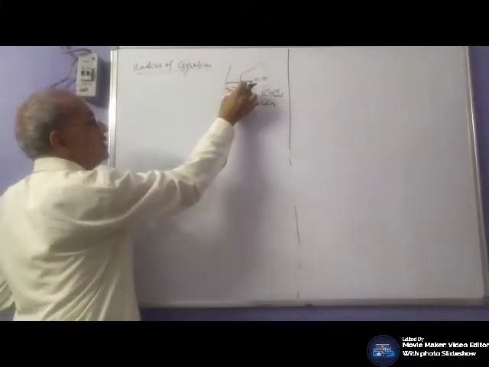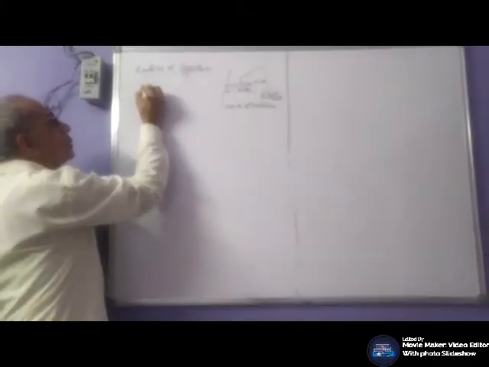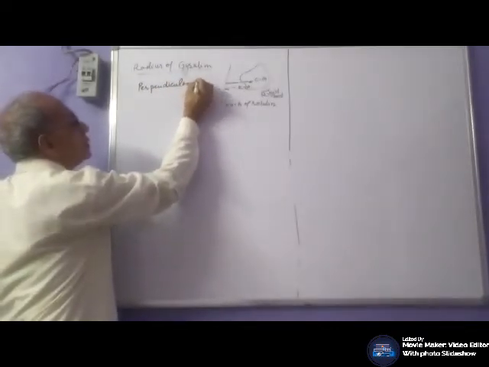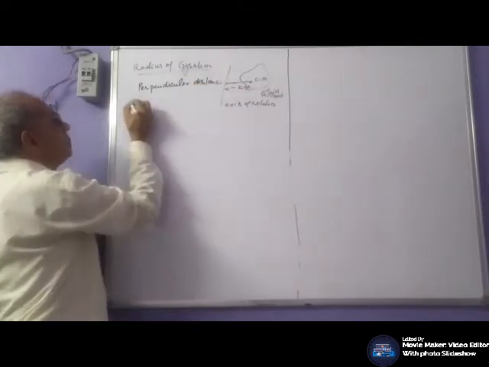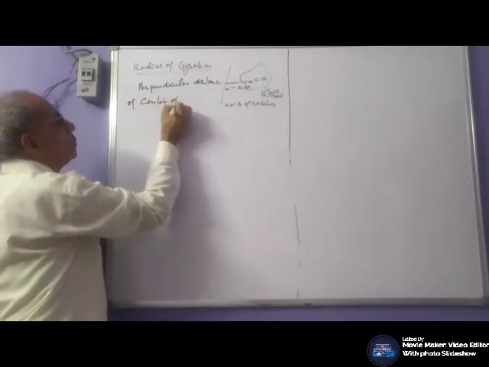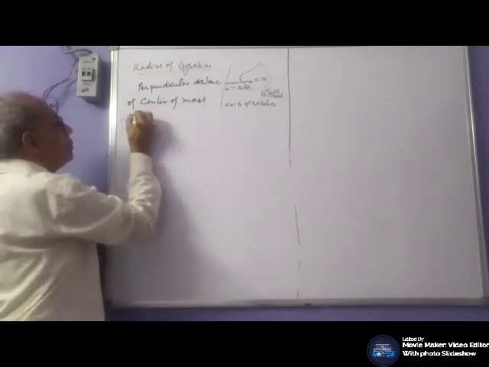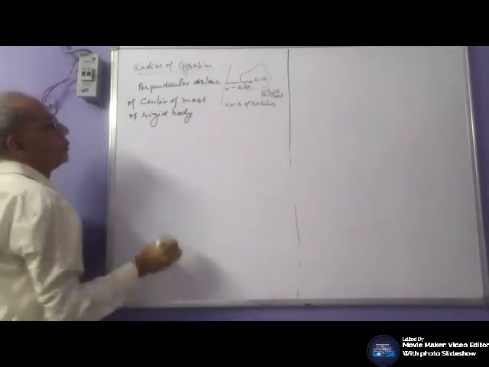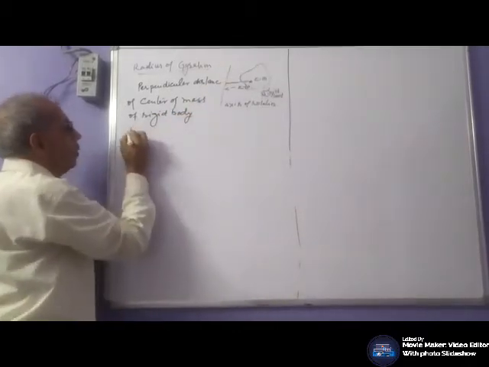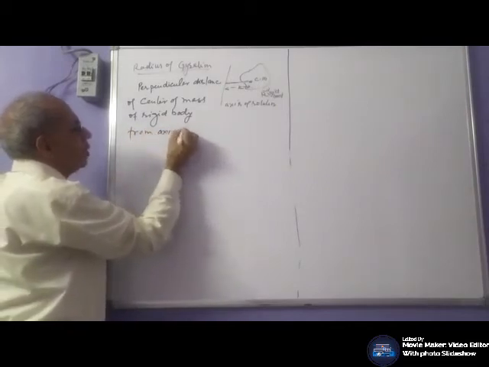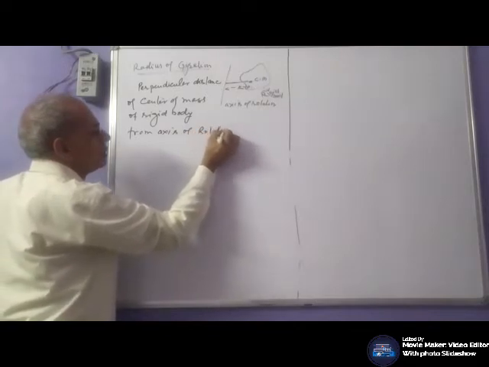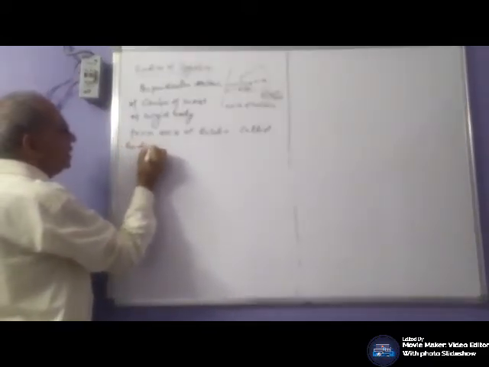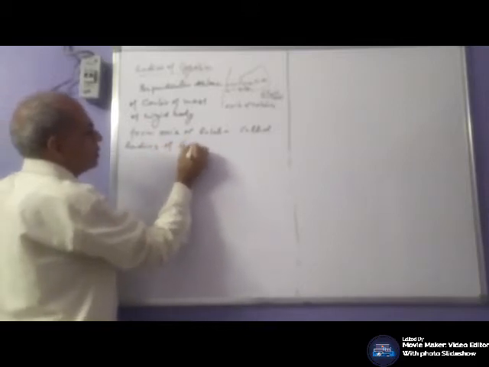So what is radius of gyration? The perpendicular distance of the CM of the rigid body from the axis of rotation is called radius of gyration.